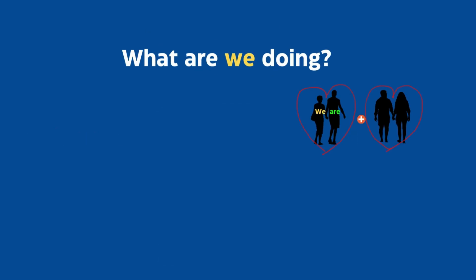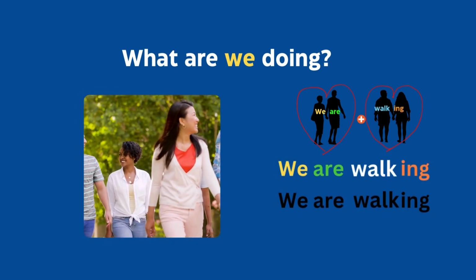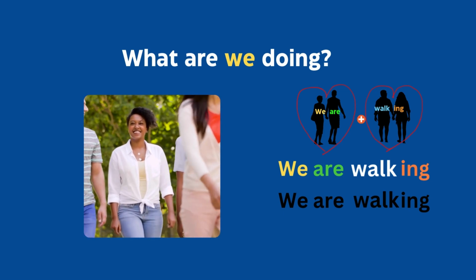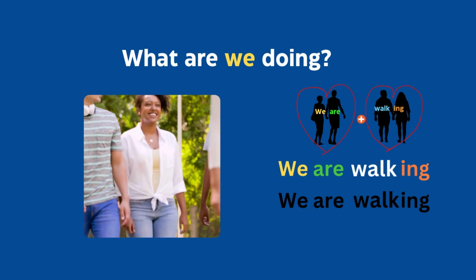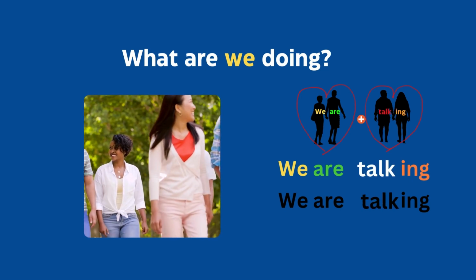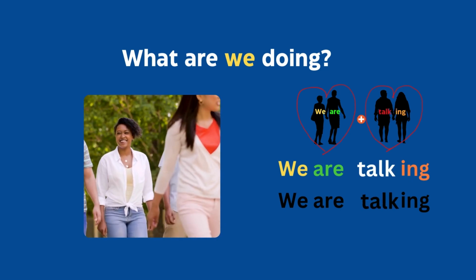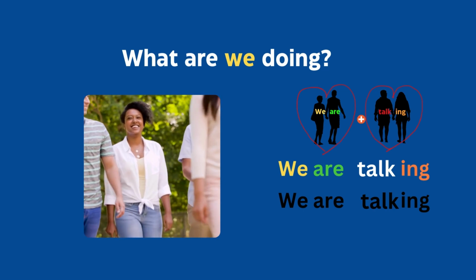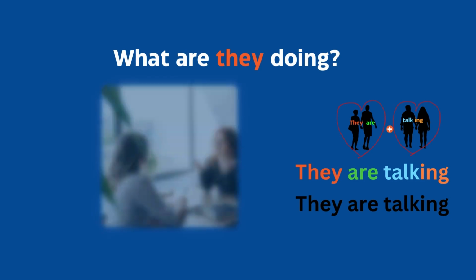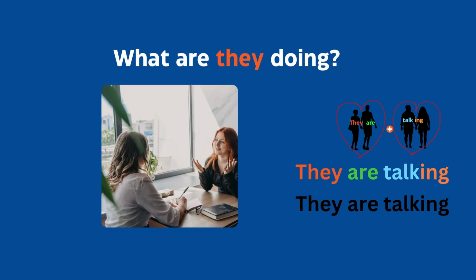Now let's look at some sentences by putting these couples together. What are we doing? We are walking. What are we doing? We are talking. Now let's change the subject.